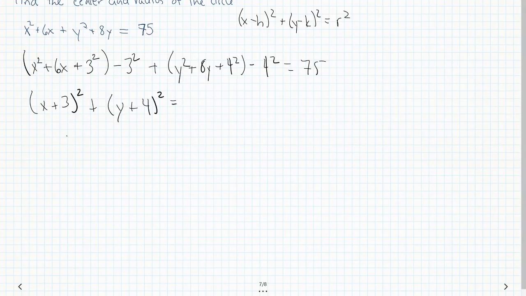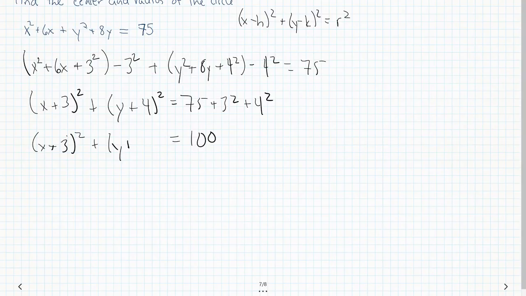Okay, and this should equal 75 plus 3 squared plus 4 squared. Notice that 3 squared is 9 and 4 squared is 16. 9 plus 16 is 25. 25 plus 75 makes 100. So we get x plus 3 squared plus y plus 4 squared equals 100.